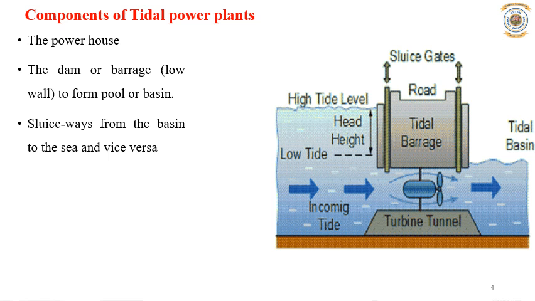The tidal barrage raises the water level, or creates a basin, whereas over the turbine tunnel you can install the turbine. Sluice gates are used to control the rate of water flow from the high tide basin to the low tide basin.